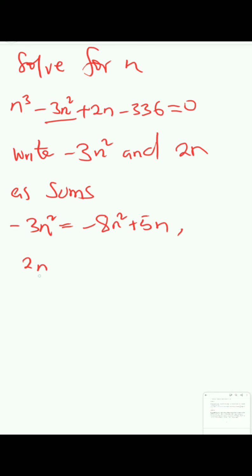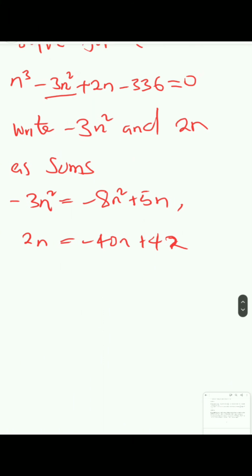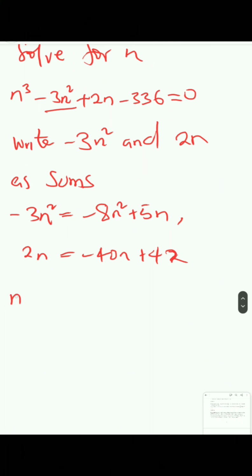When these two are added, they give negative 3n squared. Then for 2n, we get negative 40n plus 42n, which when you add these two, you get 2n.